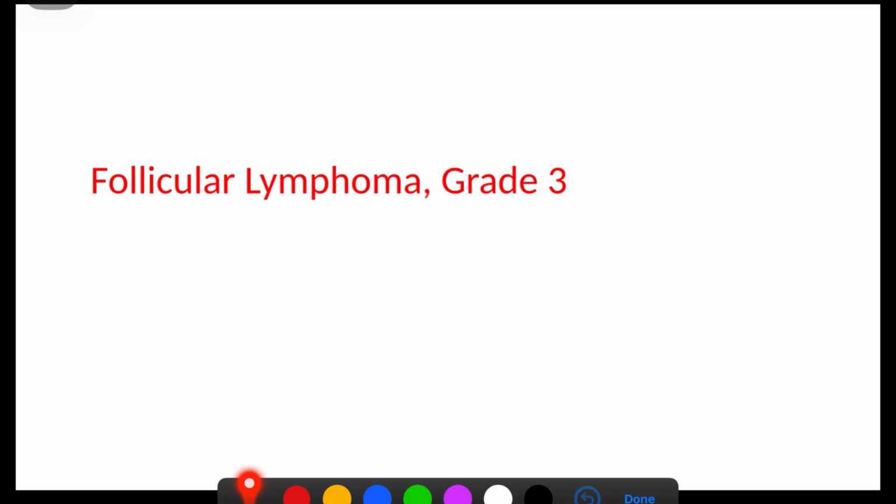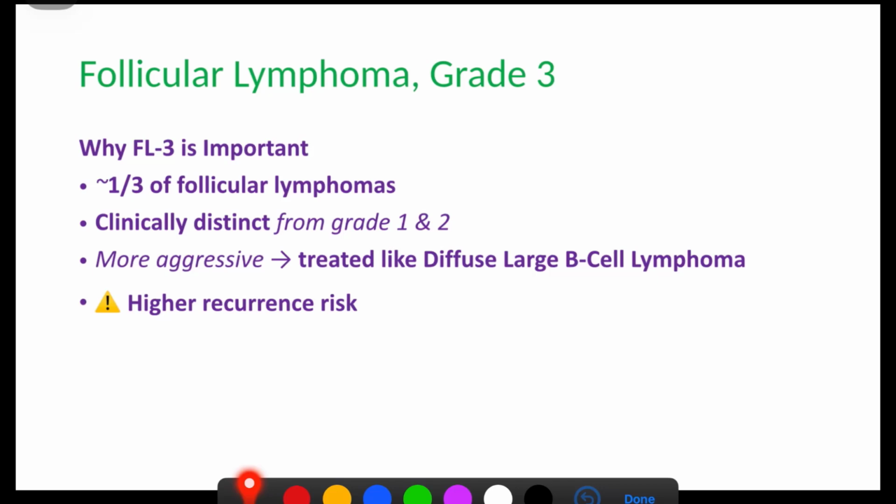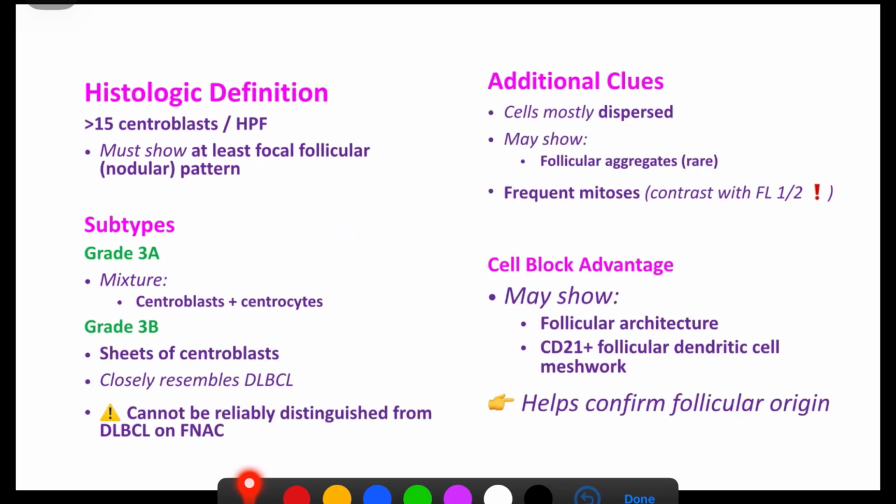Now let's see another entity, follicular lymphoma grade 3. So why is it important? Because one third of follicular lymphoma shows grade 3. It is clinically distinct from grade 1 and 2, more aggressive, treated like DLBCL and having high recurrence risk.